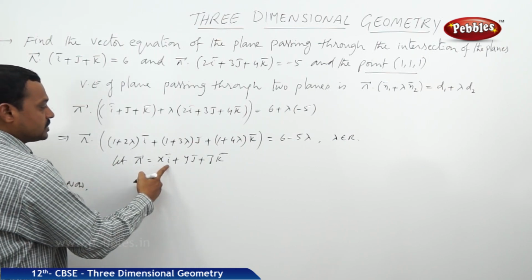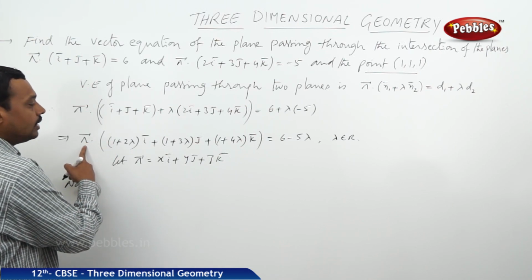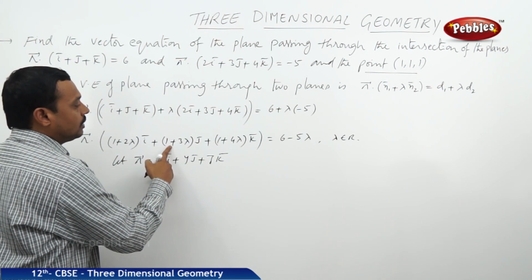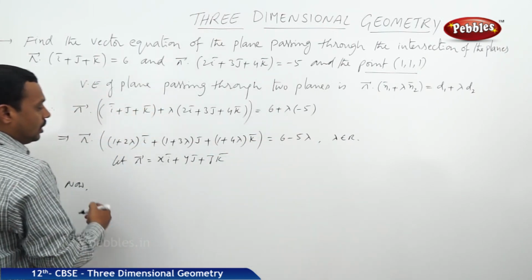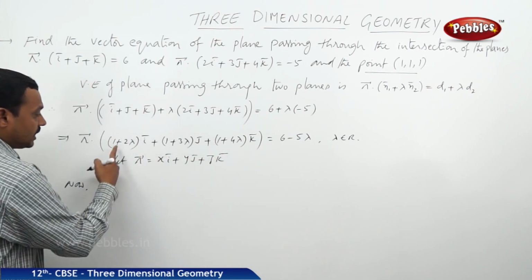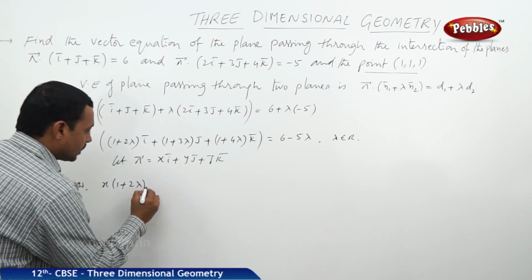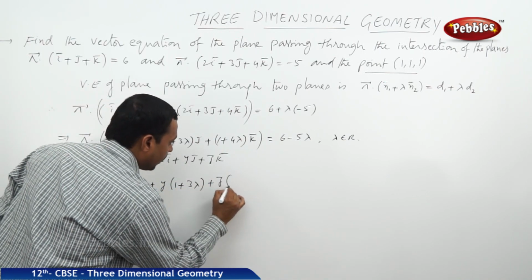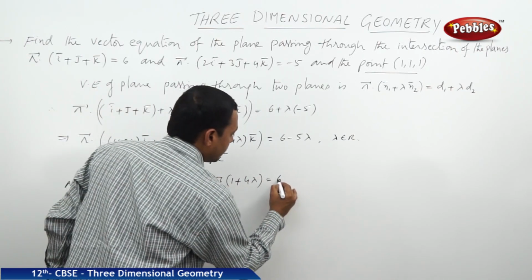On substitution, it is (xi + yj + zk) dot ((1 + 2 lambda) i + (1 + 3 lambda) j + (1 + 4 lambda) k) is equal to 6 minus 5 lambda. Applying the dot product between the r vector and this vector, it is x into (1 + 2 lambda) + y into (1 + 3 lambda) + z into (1 + 4 lambda) is equal to 6 minus 5 lambda.